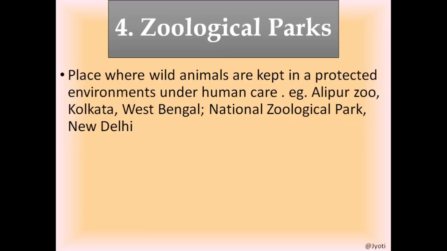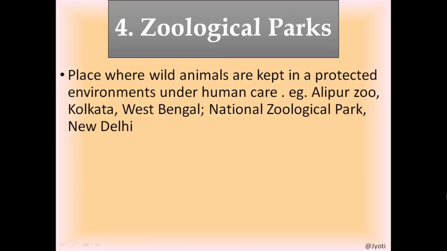Visitors often come to see these animals and enjoy their activities. Sometimes animals which are not available in our locality are brought from other localities and kept in the zoological park, so that we can learn about those particular animals.